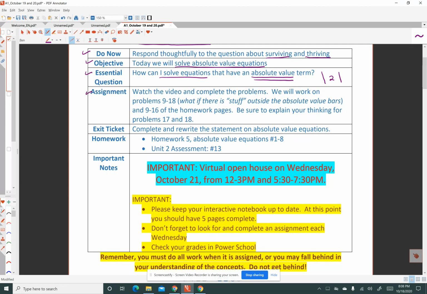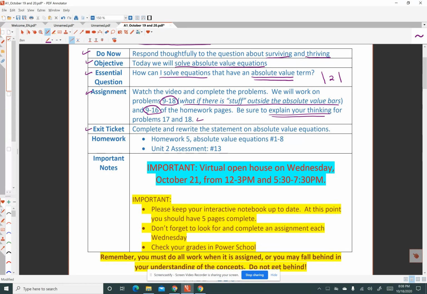Our assignment will be to watch the video and complete the problems. We're going to work on problems 9 to 18 in your notes where it says, what if there is stuff outside the absolute value bars? And on 9 to 16 of the homework pages, we're going to try to get a few of those done as well. I want you to be sure to explain your thinking for problems 17 and 18 that we get to.